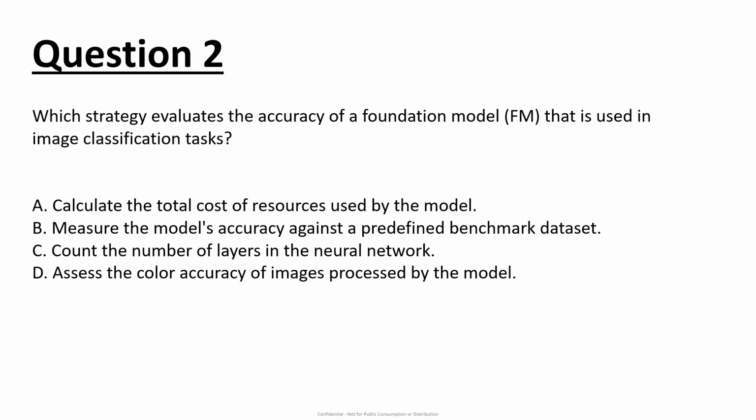Whenever we try to evaluate the accuracy, it's always recommended you define a predefined benchmark data set by which you can evaluate the accuracy. That is the only way to understand how accurate the model is. So the answer should be option B.